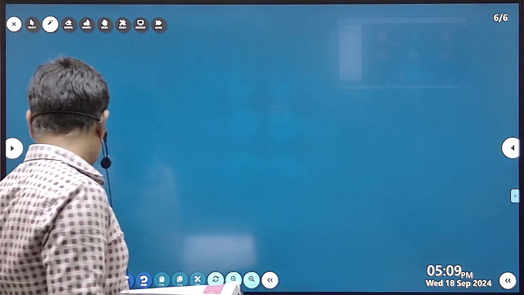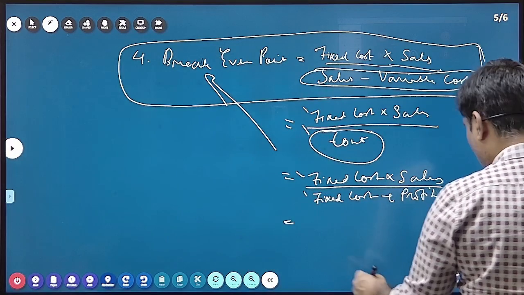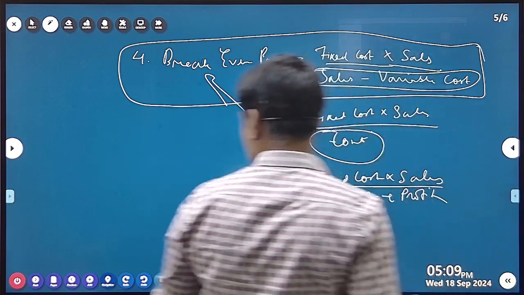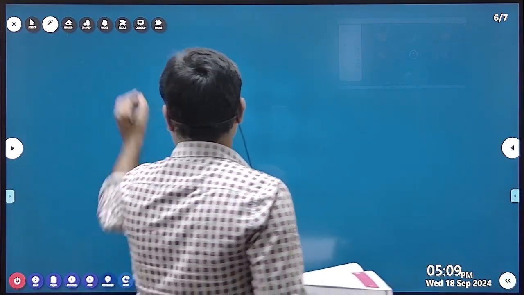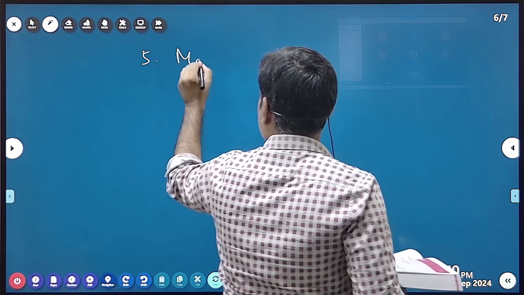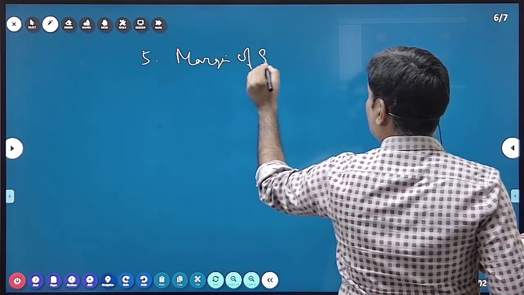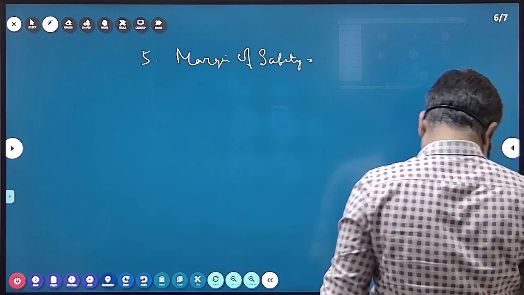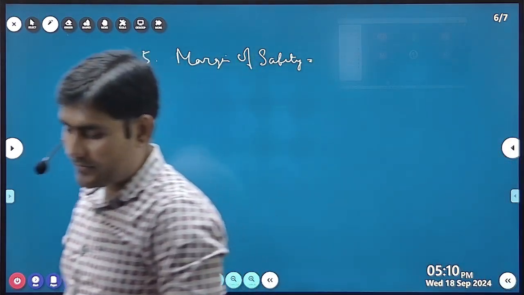Of course, one more point is there: fixed cost by PV ratio. That you don't require. Then number 5 is margin of safety. What do you mean by margin of safety?